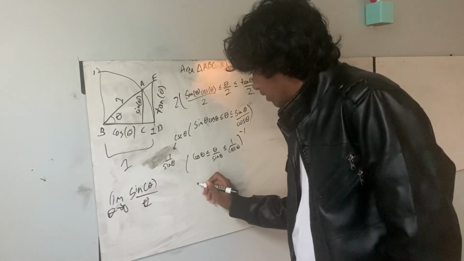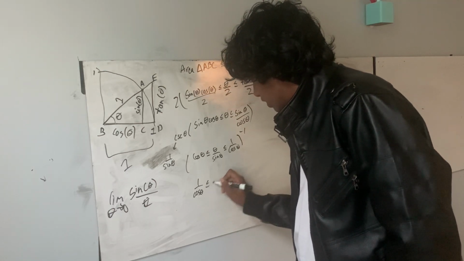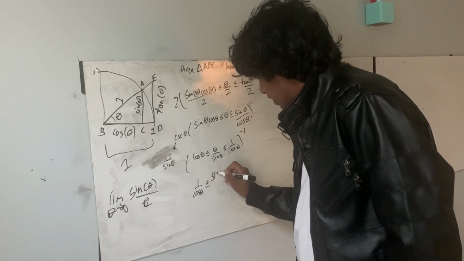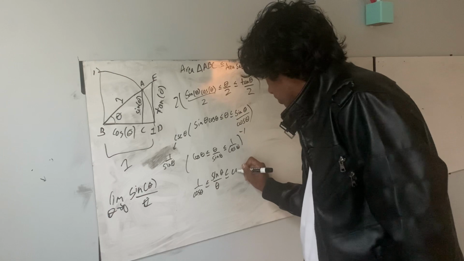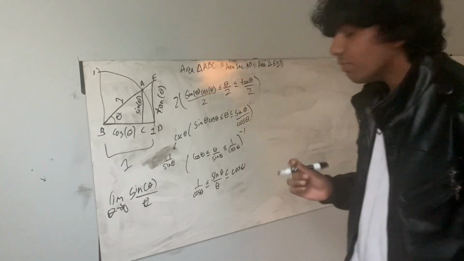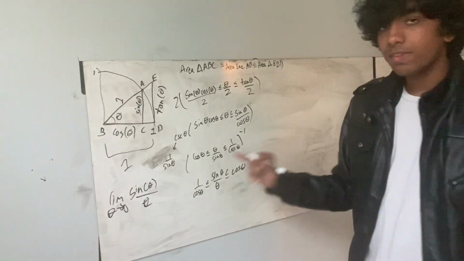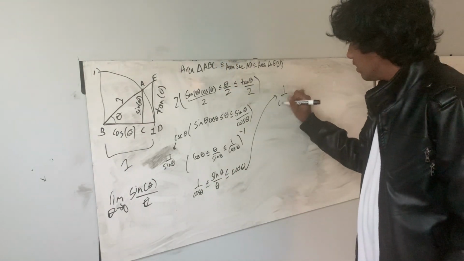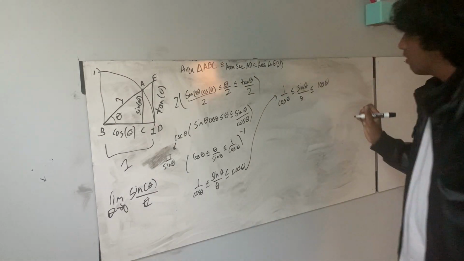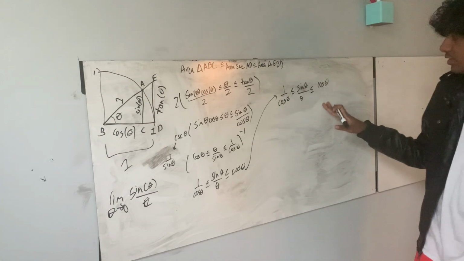So 1 over cosine theta is smaller than or equal to sine theta over theta, smaller than or equal to cosine theta. Right? We flipped everything. So now we have our actual thing that we want. We rewrite this over here so that you can see it.